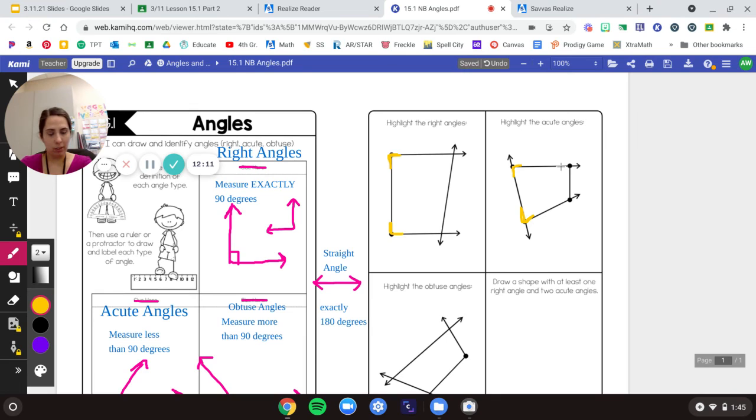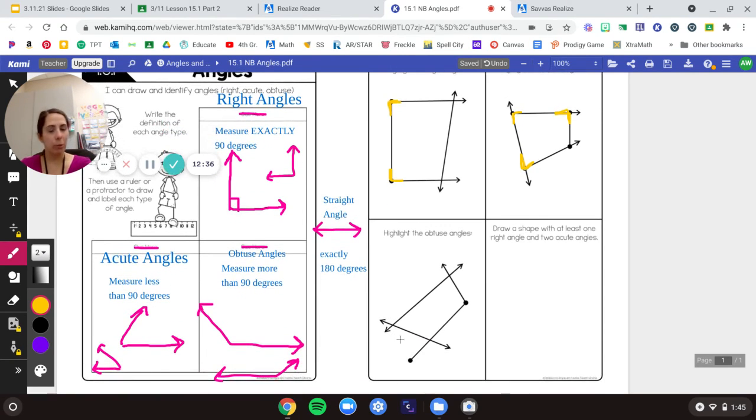What about this one, though? This one is really close, but this one is also actually an acute. It's really close to that 90. What about this one? That one goes way too big, right? See here, this one, how it goes when it goes up, it goes to the right. It's too big, it opens too much. That one is an obtuse, which is what we're going to look for down here.